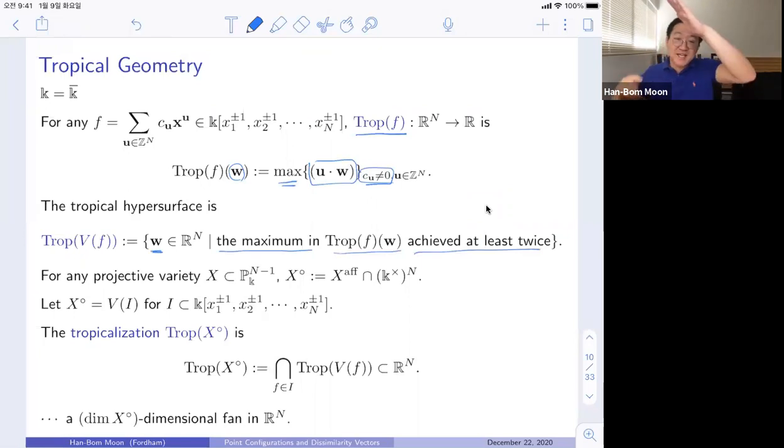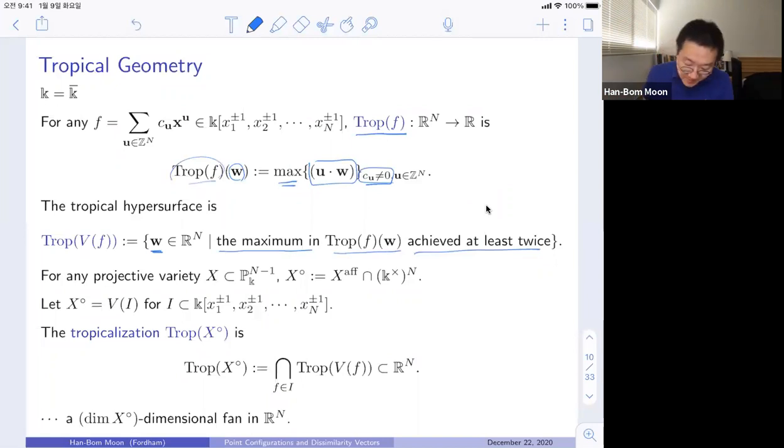So we have many linear maps, and we are going to take the maximum of them. So this is piecewise linear. The tropical hypersurface is the collection of points where the piecewise linear graph is not linear.